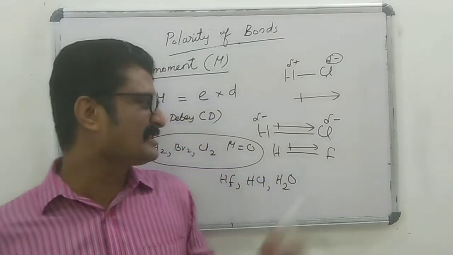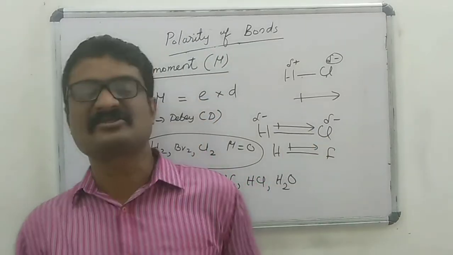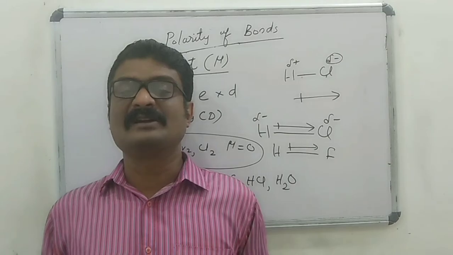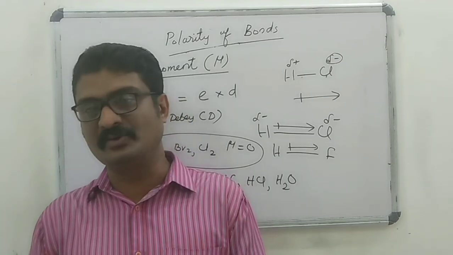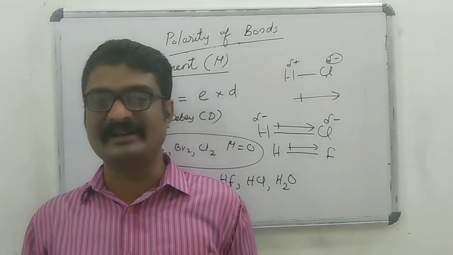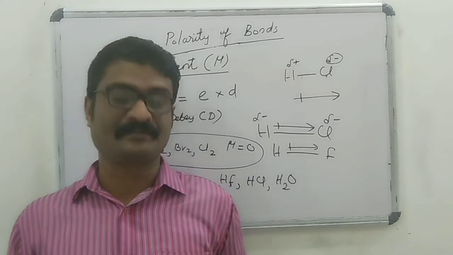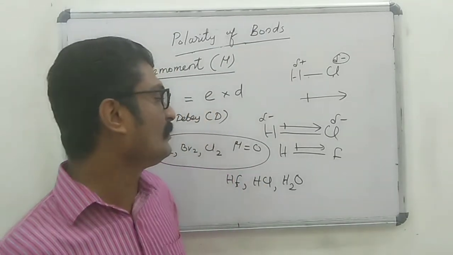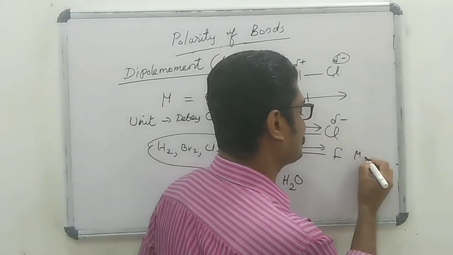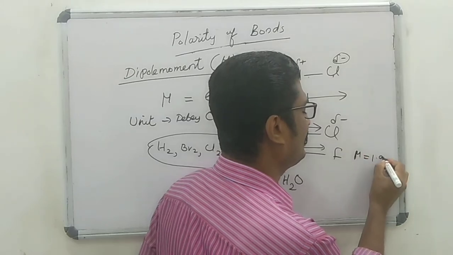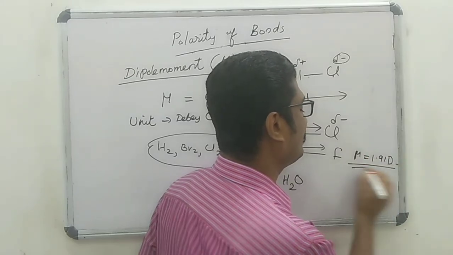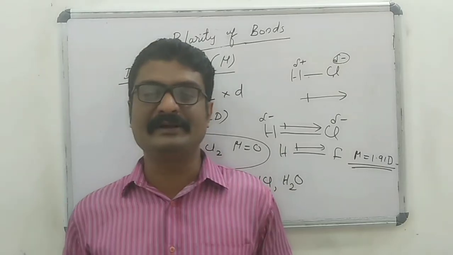Then molecules like HCl, HF, etc. have large dipole moment value. The dipole moment of HF is about 1.91 D.